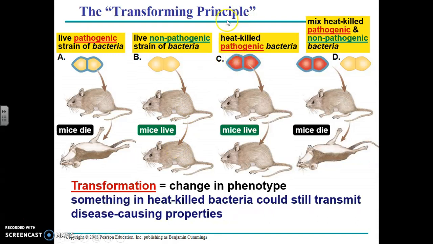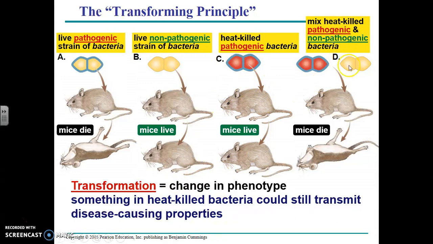That's why it's red. And if you remember, heat-killed means the stuff is denatured, so it won't work. It also denatures the capsule, which is protein-based. And when he injected the heat-killed pathogenic bacteria into the mouse, it lived. He also expected that, so that was a control. All these results were the expected results.